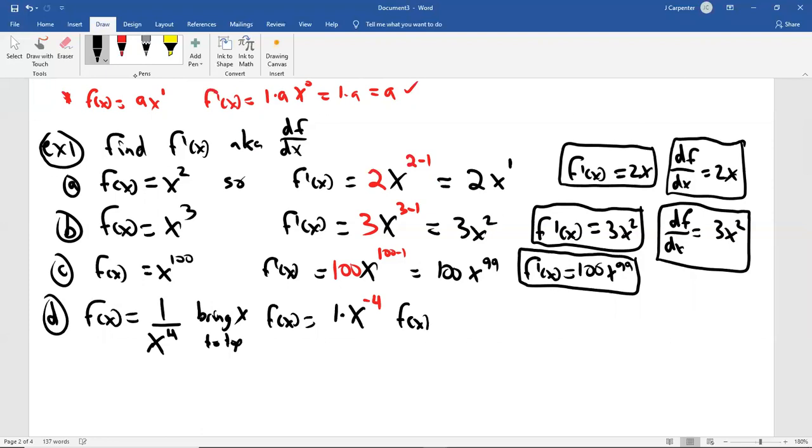So f of x is just equal to x to the -4. I don't need to write that 1 in the front. We're going to get into what it means if there's an extra coefficient. So if there's like a 2x to the -4 or a 5x to the 7th, something like that. Honestly, it's a super easy fix.